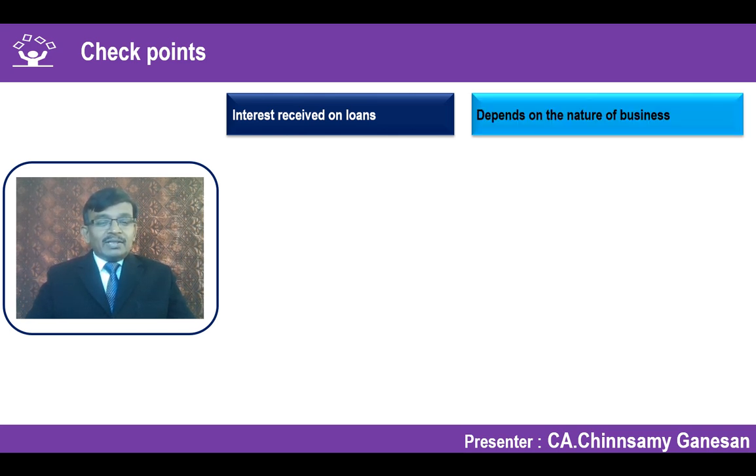For example, if the principal business of the entity itself is to give loans to other people, for example, it is an NBFC, then the interest received on loans is part of the core business activity of the entity, and accordingly, it will be forming part of the operating cash flows, not part of the investing cash flow. So it depends.